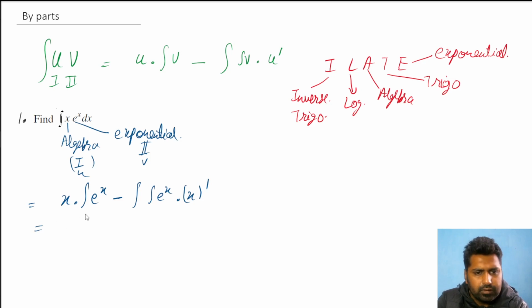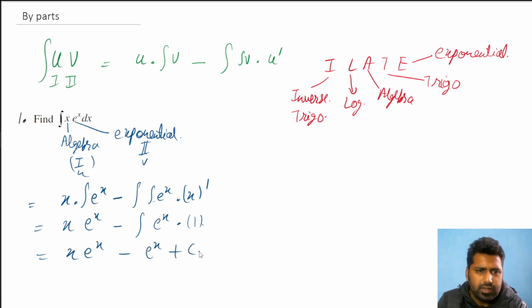Now I'm not writing dx, but of course whenever integration is there there is supposed to be a dx. So for simplicity I'm not writing it. So x e raised to power x integration is x e raised to power x minus integration, again same thing, whatever result came here we'll write it here, e raised to power x, differentiation of x is 1, and now you integrate this: x e raised to power x minus e raised to power x, integration is e raised to power x, and of course plus c.